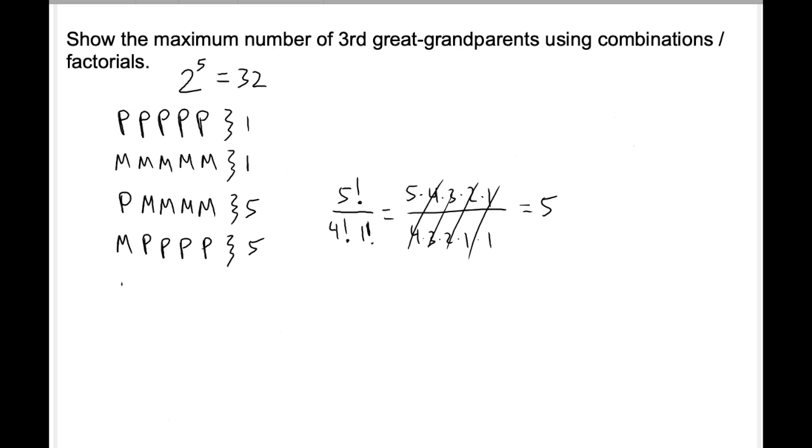Now if you have 2 P's, suppose that you go to your father's line and then your grandfather's line, and all the rest will be females. How many ways can we have 2 P's and 3 M's to get to a third great-grandparent? Well, we're going to use, again, 5 factorial. But in order to not overcount using permutations, we have to divide by 2 factorial, because P's cannot be permuted.